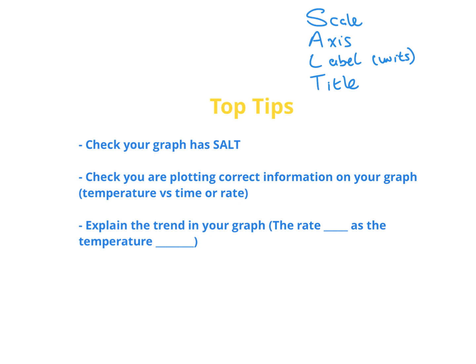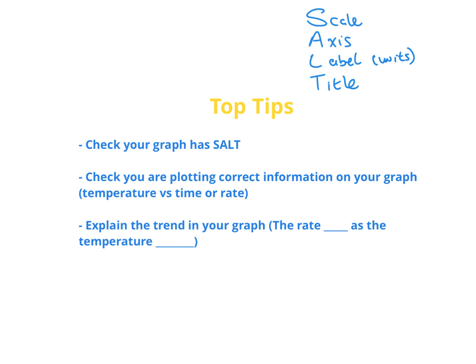So in order to get full marks for a graph, you need to make sure that you have SALT on it. Check when you're plotting your graph that you're plotting the correct information.